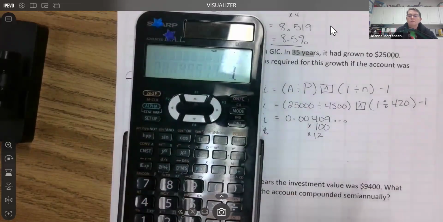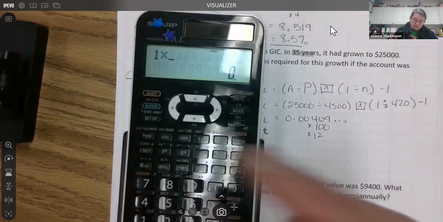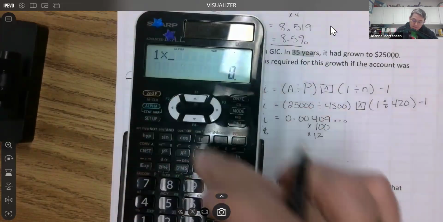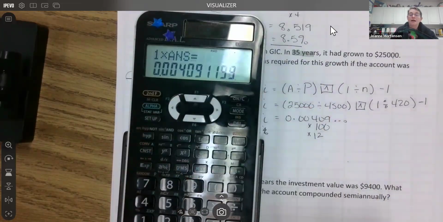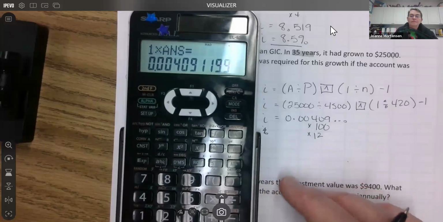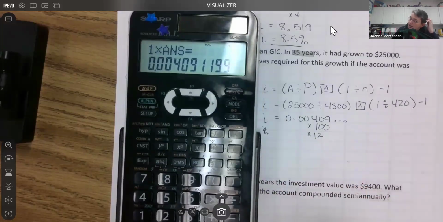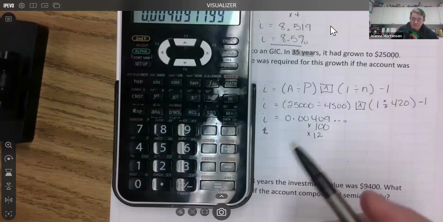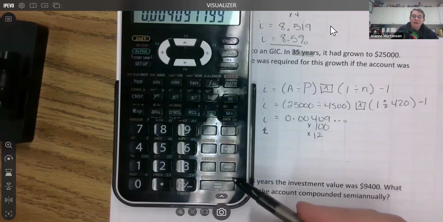Just ignore me for a second. Anyway, I need that number back. I shouldn't have cleared my calculator. It was pointed out to me that I can use my answer key back here.